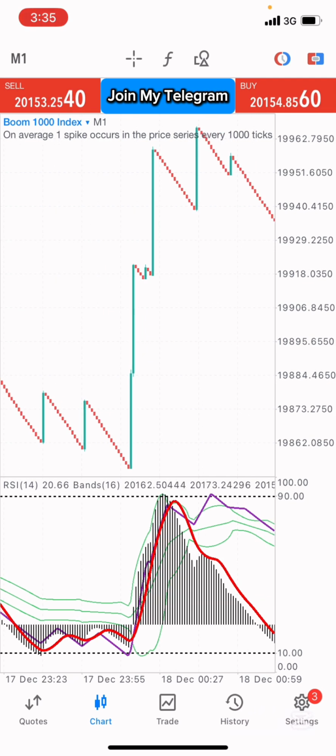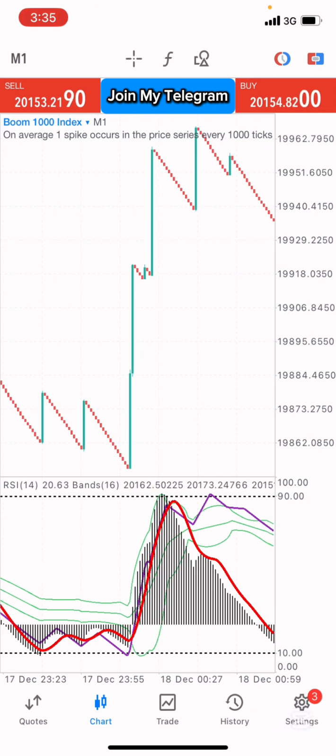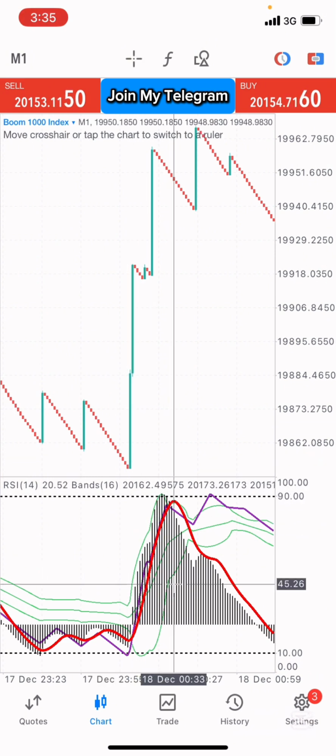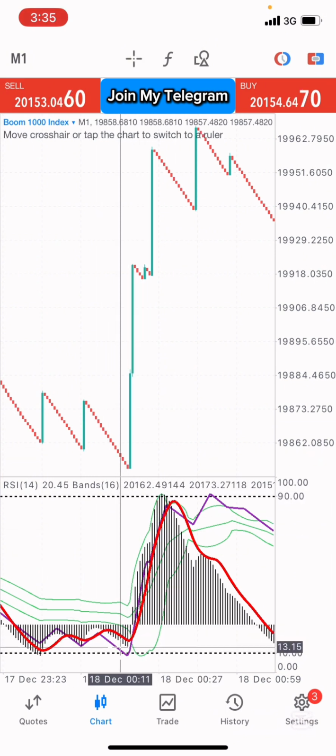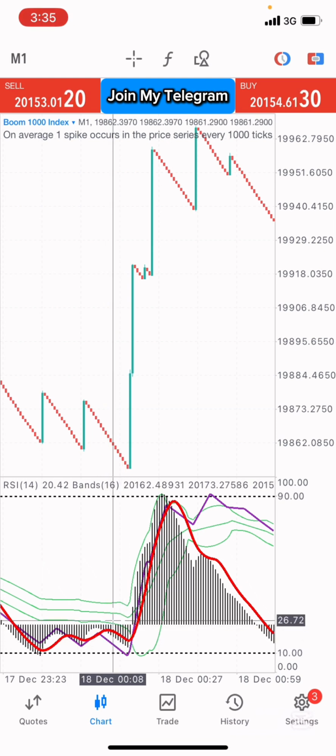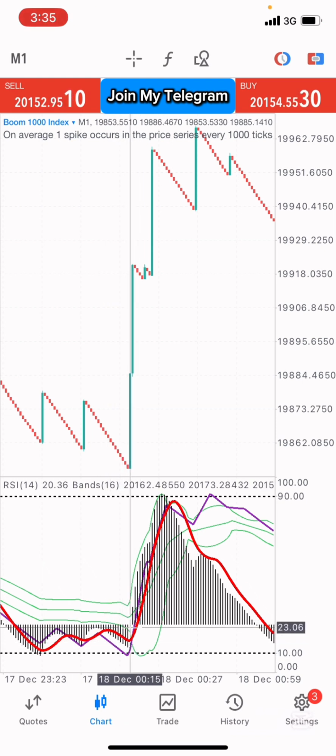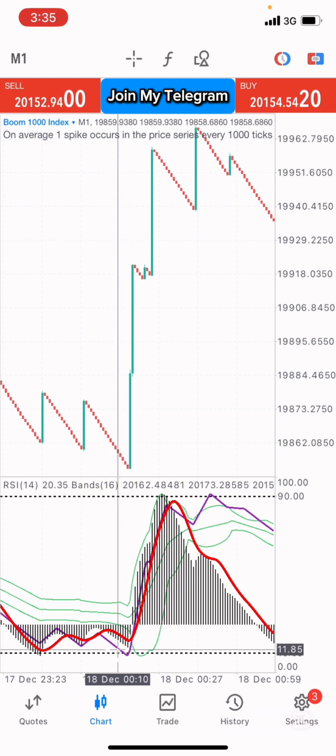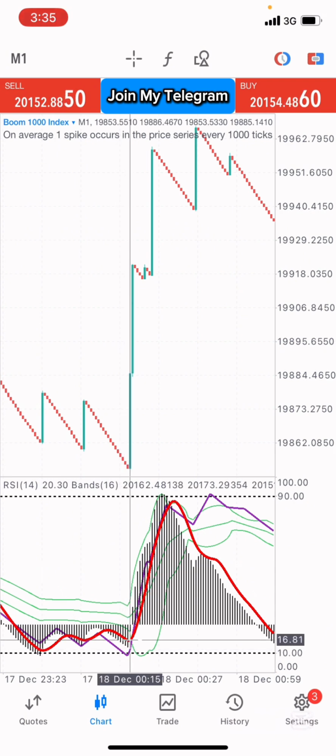What we're going to do right here is pay attention to the MACD, the Bollinger Bands, and the moving average. First and foremost, take a look at these Bollinger Bands, which is this green line right here, and this purple line, which is the moving average.